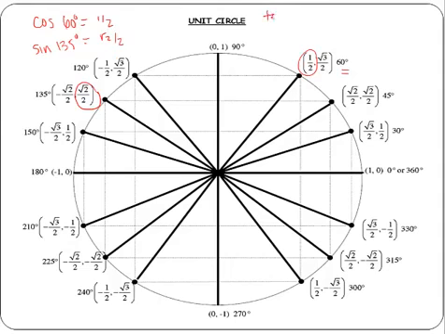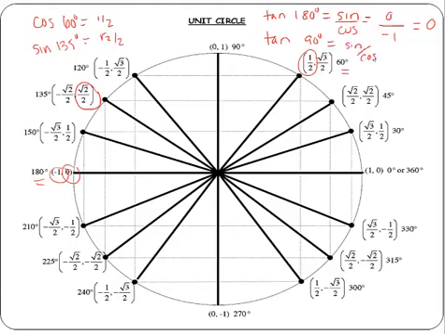Okay, what if I said I want the tangent of 180 degrees? We got to remember that tangent is sine over cosine. So I go to 180. Sine is the second number, so I start with 0 divided by cosine. 0 divided by anything, the answer would be 0. Okay, what if I ask for tangent of 90 degrees?